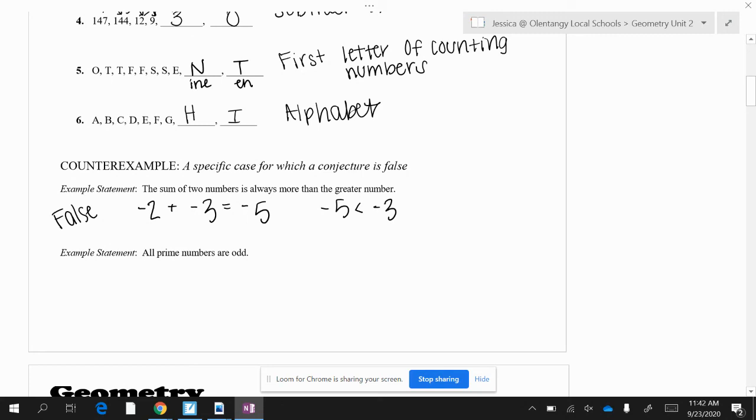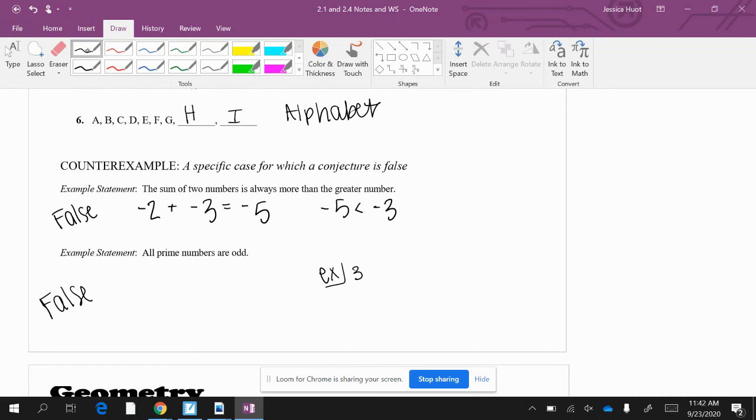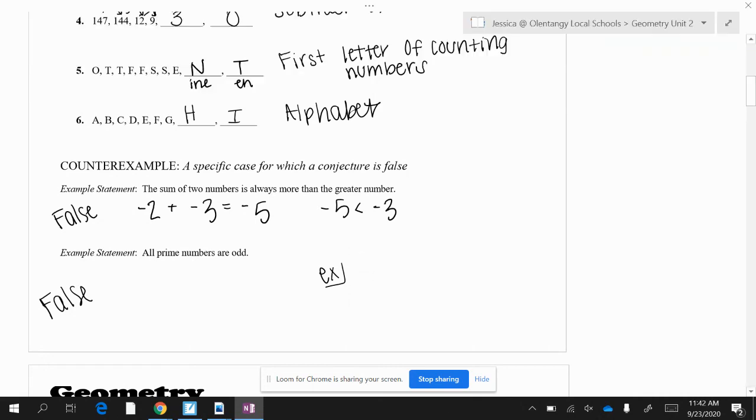Another example statement, all prime numbers are odd. That is not true as well. So this is also false. Some examples of prime numbers, the only factors they have are 1 and itself. So some examples of prime numbers are 3, and 2 is actually a prime number.